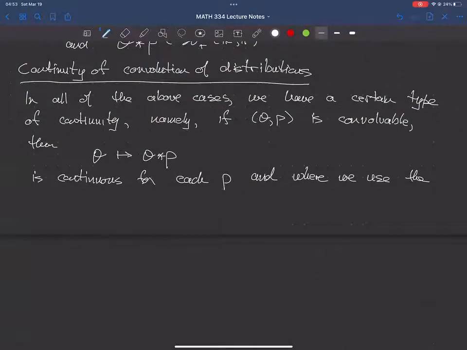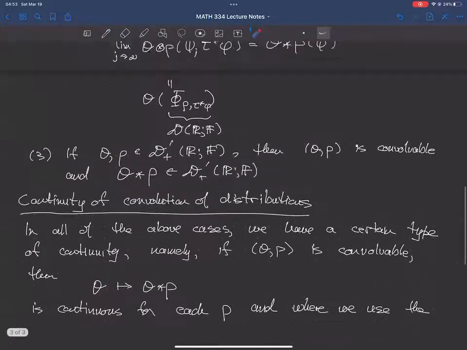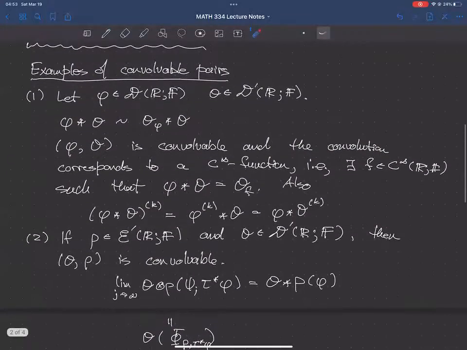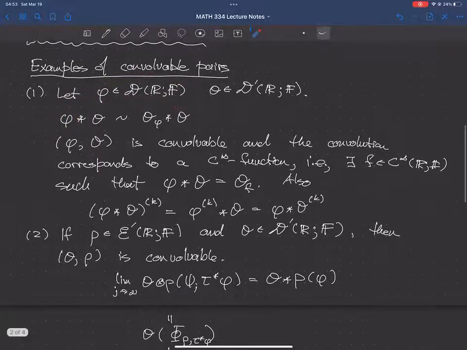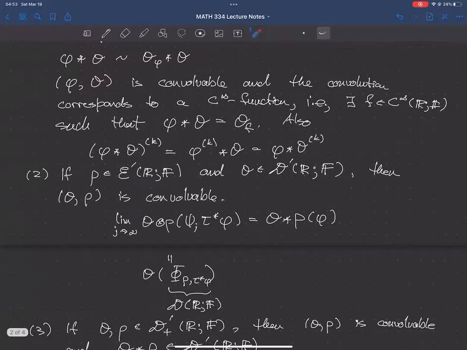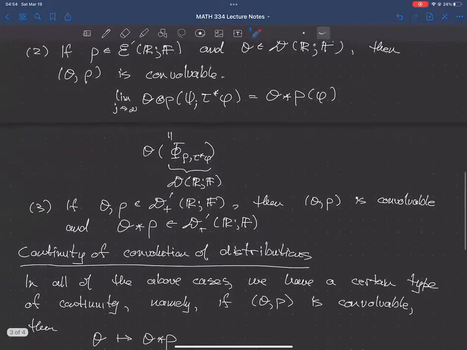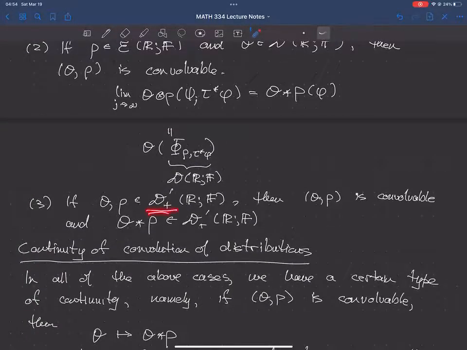So the topology we use for, let's say, theta here. Okay, and so theta in each of these cases, so in the first case here, theta is actually phi. Okay, and phi is in here, and so we use the topology on D. Okay, here theta is in D prime. Okay, so we use the topology of D prime, the weak topology of D prime, and then similarly here theta is in D prime plus, and we use the weak topology of D prime plus.